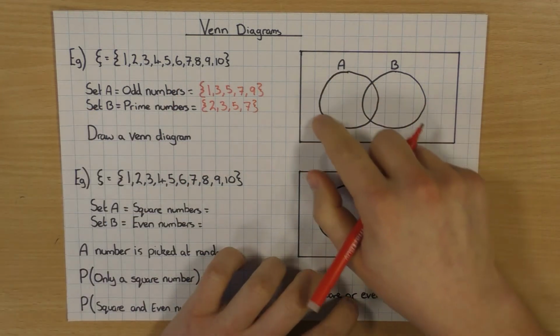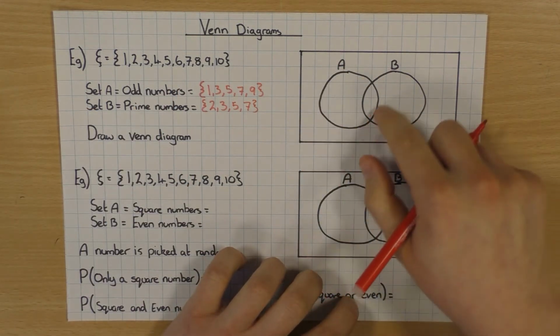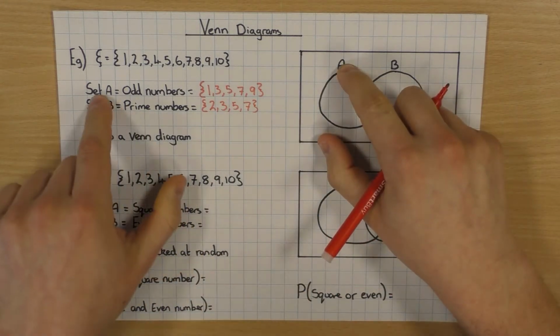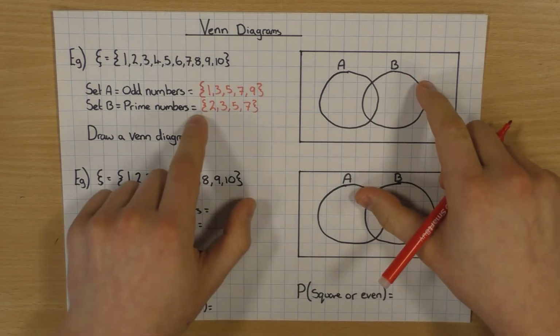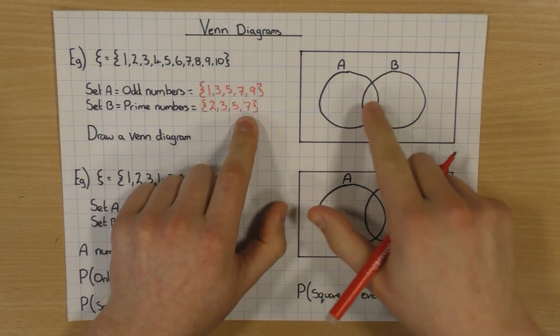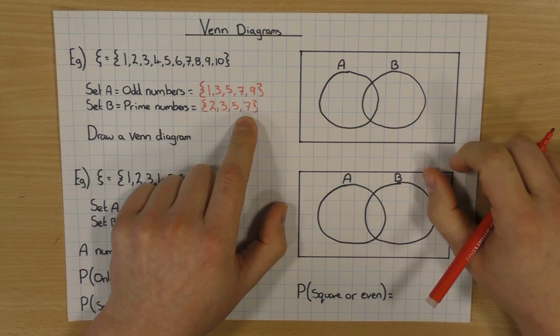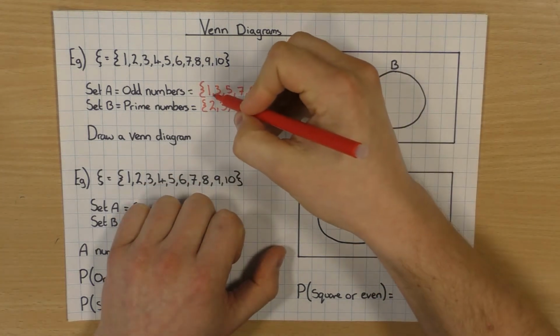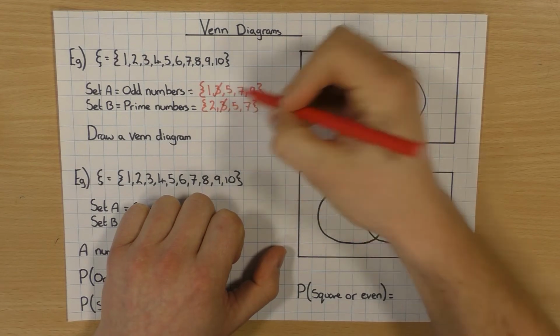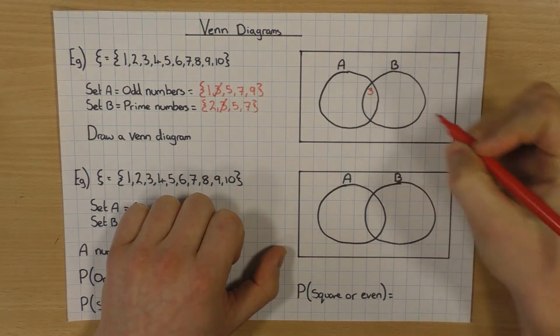Here's my set A, so the whole circle will be my set A, which is my odd numbers, and the whole of set B, the whole circle, will be my prime numbers. Where they overlap, as you might remember from the previous video, is the numbers that are the same. I'm going to fill that bit in first. I've got a 3 in both, so I'll put a 3 in there.